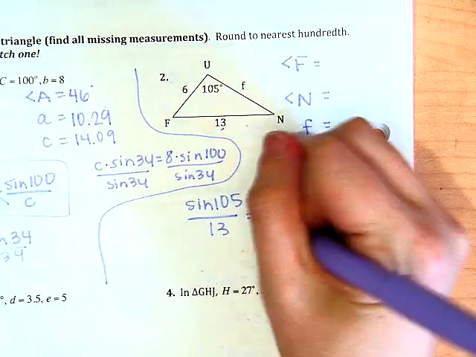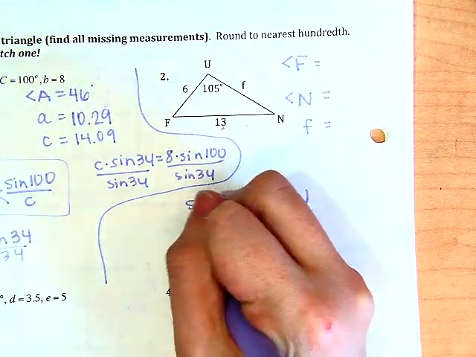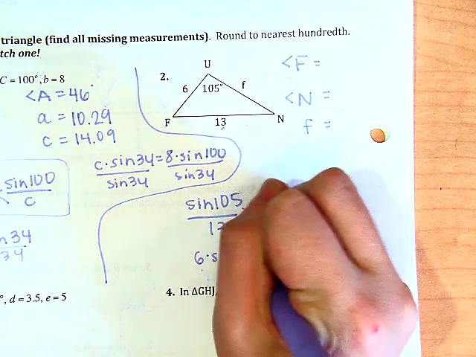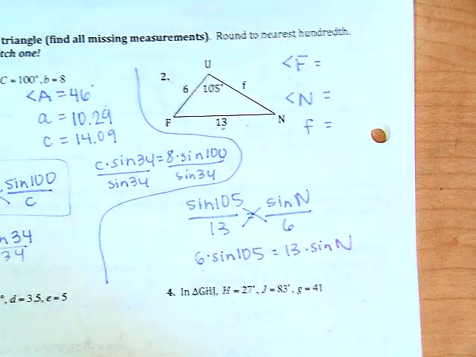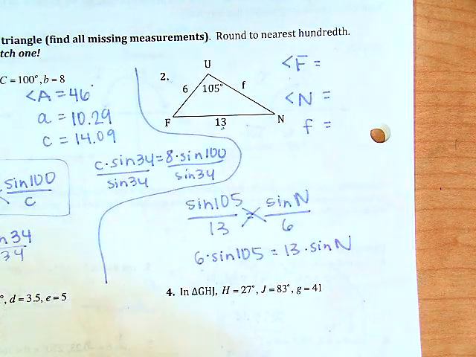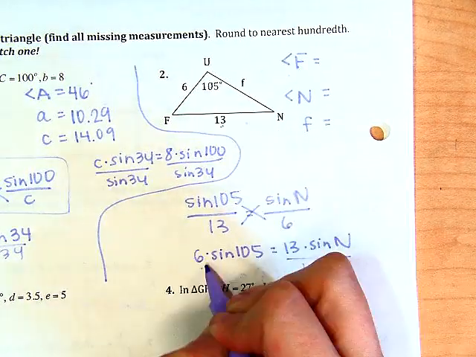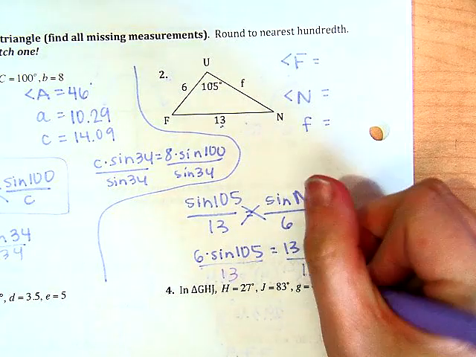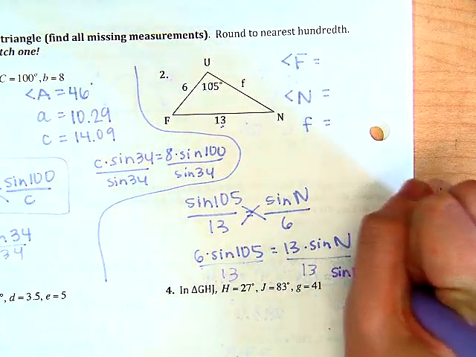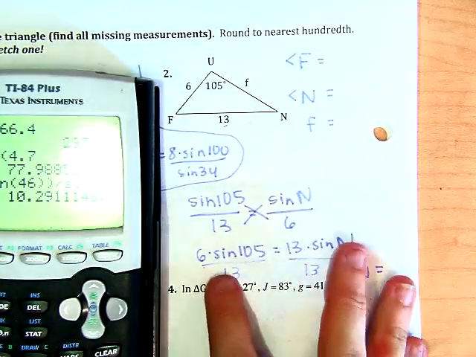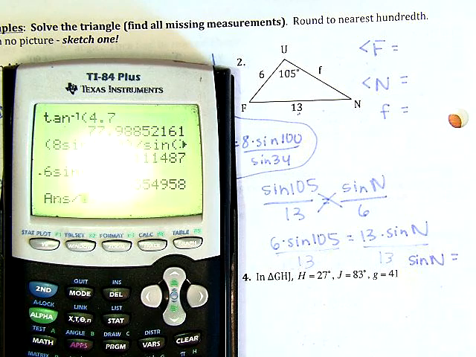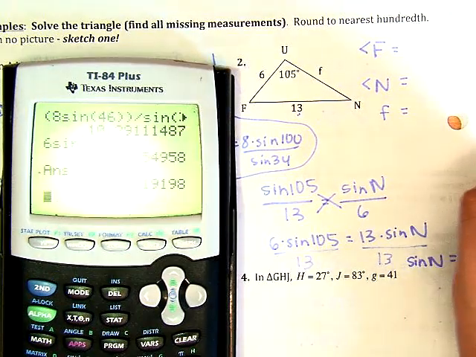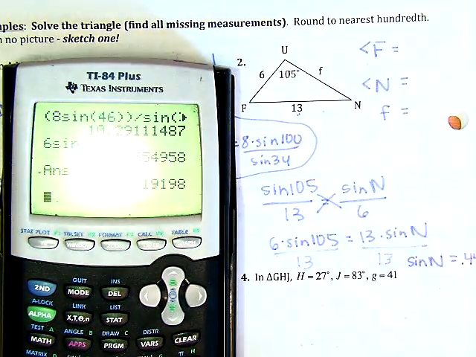This time when I cross multiply, I get 6 times sine 105 equals 13 times sine N. I'm going to divide by 13. Then I get sine N equals, and if I plug this into my calculator, 6 sine 105 divided by 13, I get 0.445.